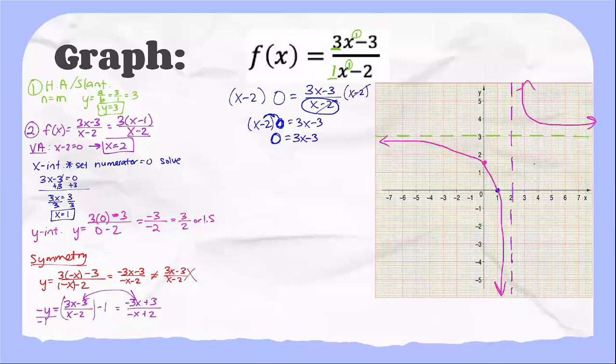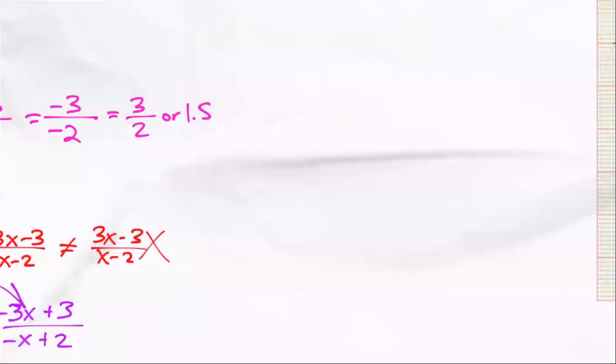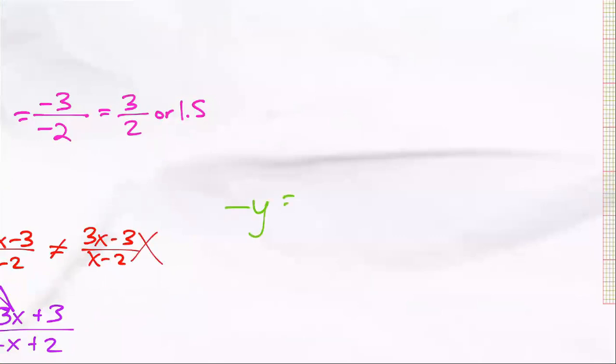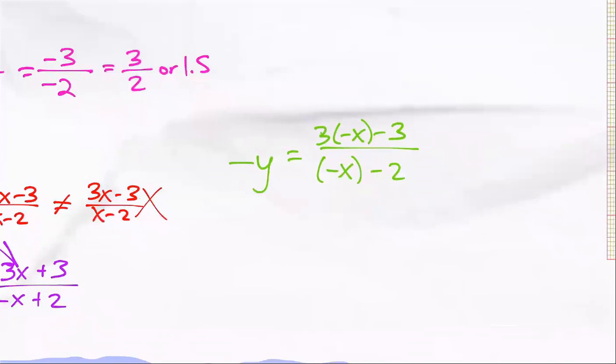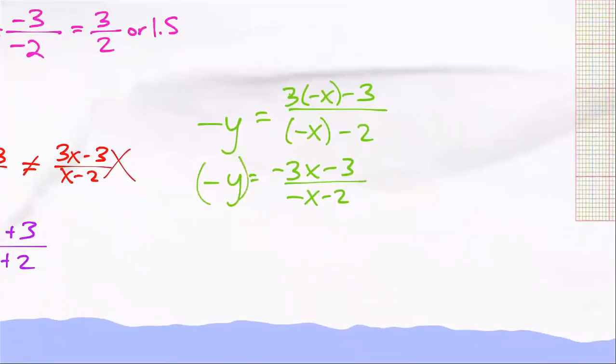Okay. So then what about the origin? I'm going to plug in a -y and a -x. Now I'm going to multiply by the -1.